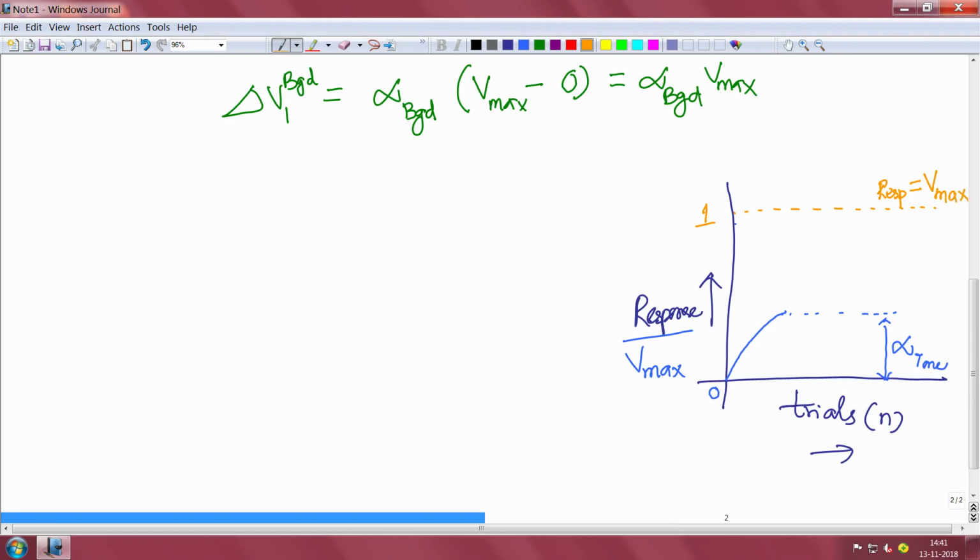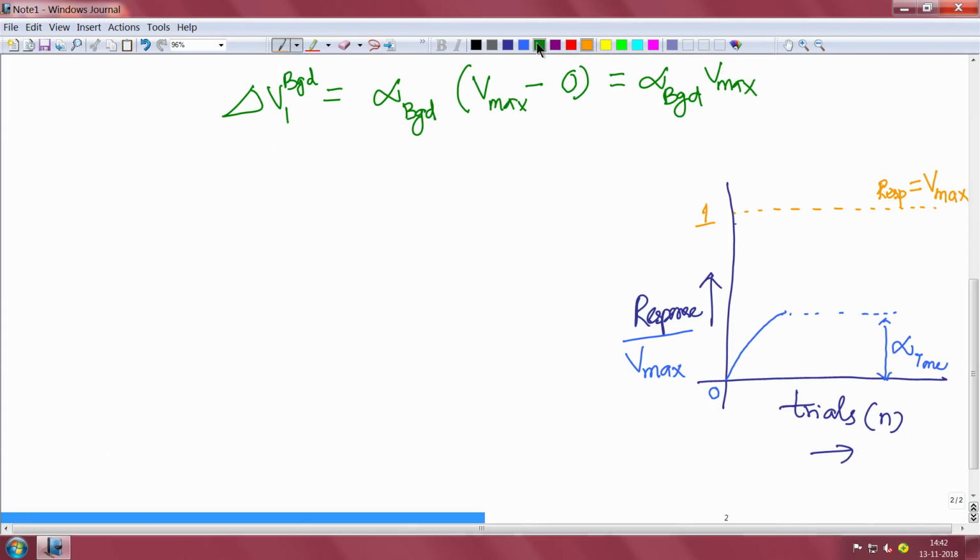So, in such a case we can think of the rise, or the change in the behavioral response as a function of trial, as a fractional change in their quest towards the V max values, which is 1. So, in here I can think of this as alpha having gone up by 1 alpha tone.